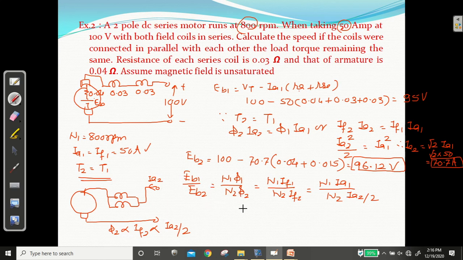Okay, so all these values are known. You can calculate. I have to calculate N2. So N2 equal to what?